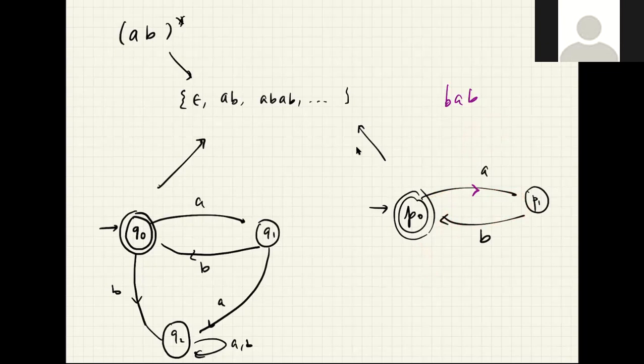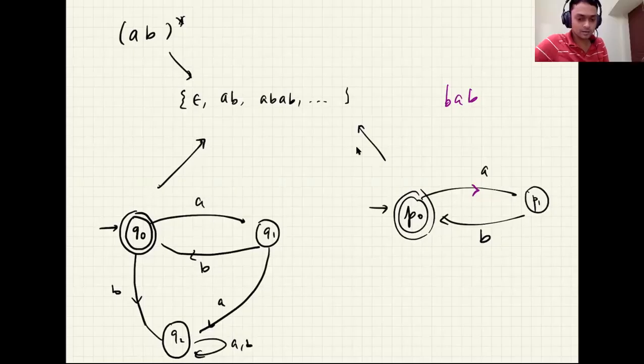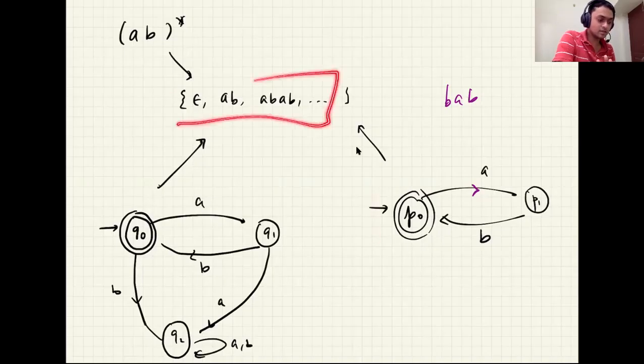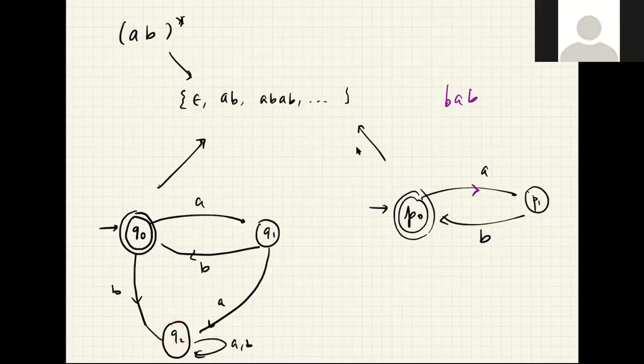Like here we have taken care of when it first encounters a B, and then also when it encounters double A or triple A. Finally, it has to reject everything that is not there, either by going to a reject state or by just getting stuck. For example, in the first automata, if we had not drawn the line from Q1 to Q2, would it be fine? Yes, good question. It will be fine.